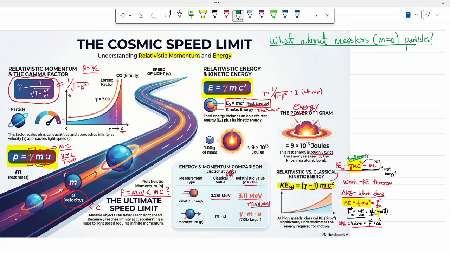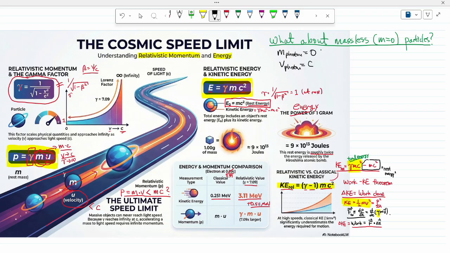We've mentioned the photon. I don't know if I mentioned this when we were in quantum mechanics. Mass of a photon is 0. That actually goes with the speed of a photon being equal to c, the speed of light. It's always moving at c.